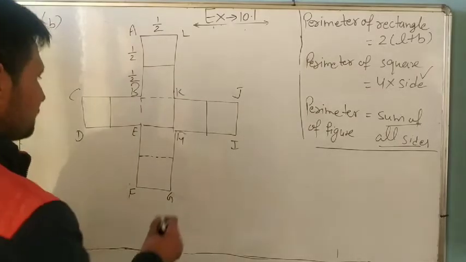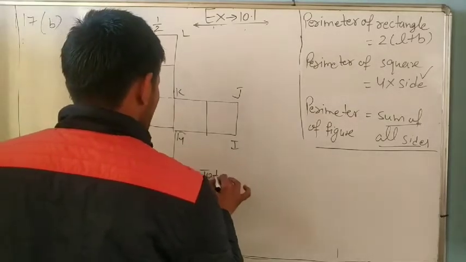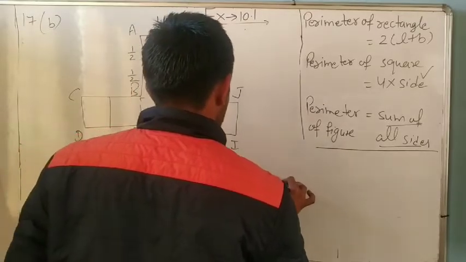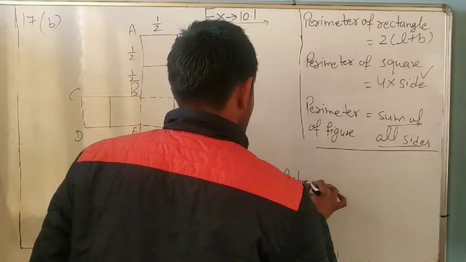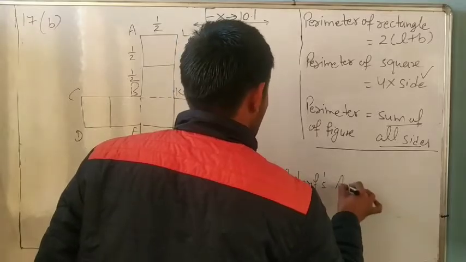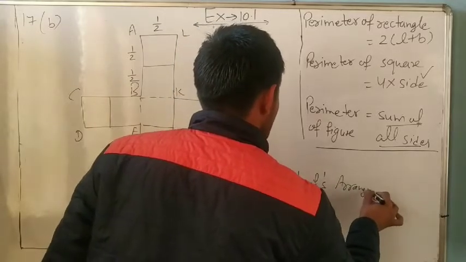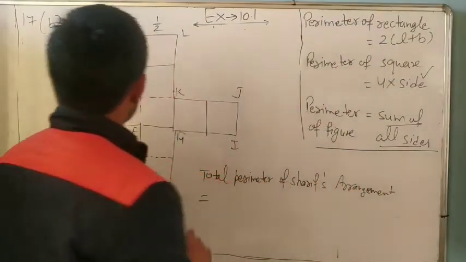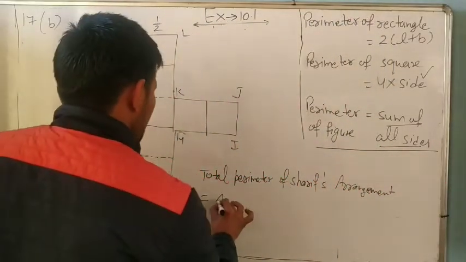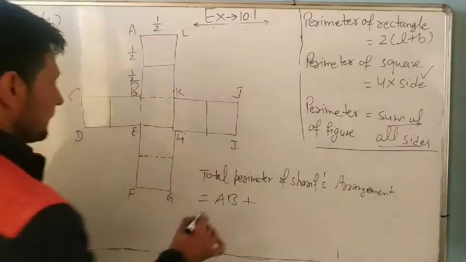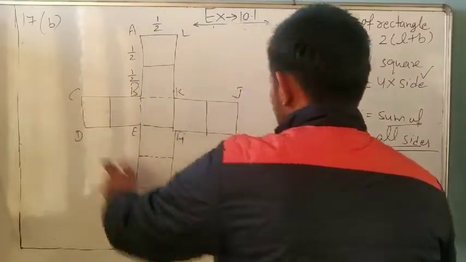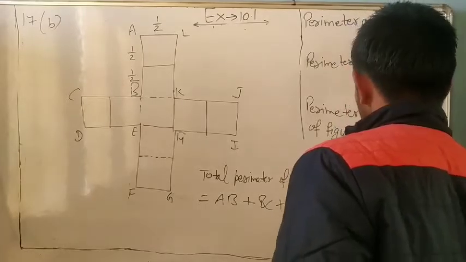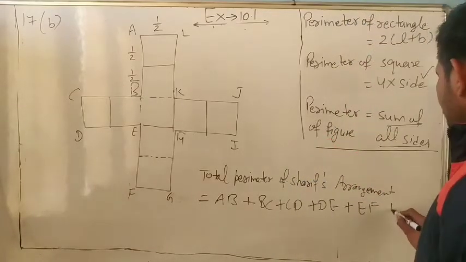So you can write total perimeter of Sharif's arrangement. How much? It is AB plus BC plus CD, DE, EF and FG.